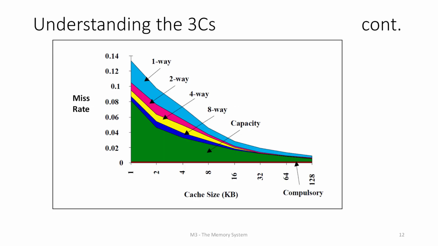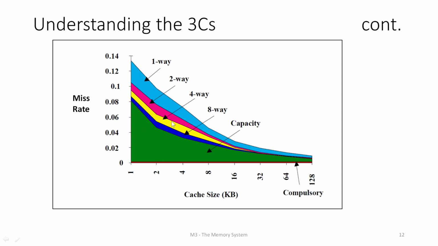Now, with that understanding, if you look at this graph, we have the cache size on the x-axis increasing from 1 kilobyte to 128 kilobytes, and on the y-axis we have the miss rate. If you look at one particular cache size, let's say 2 KB, as we increase from one way, which is basically direct mapped, to two-way, to four-way, to eight-way, the miss rate is dropping. And specifically, what type of misses are dropping?